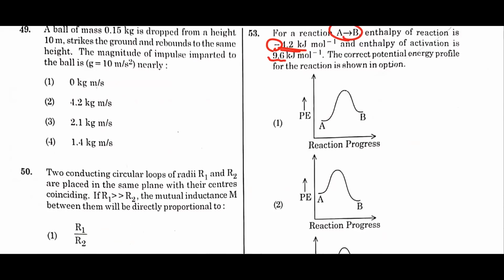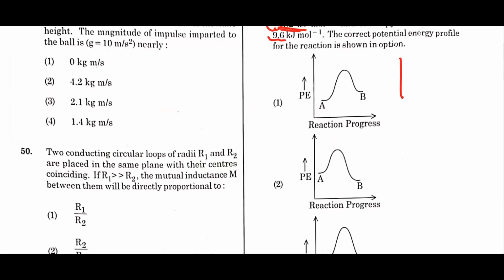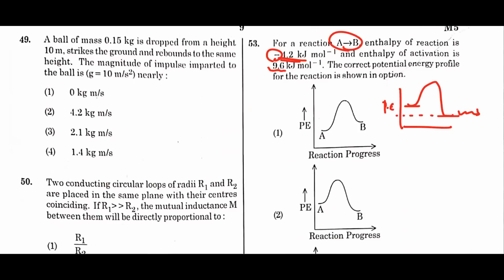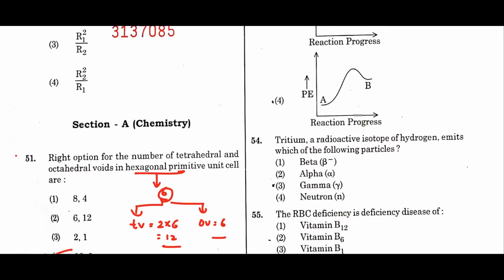For exothermic reactions, reactants have more energy and products have less energy, which means they release some amount of energy. In all the given 4 graphs, the product has less energy than the reactant. That is the second option. I'm going to give you just hints.